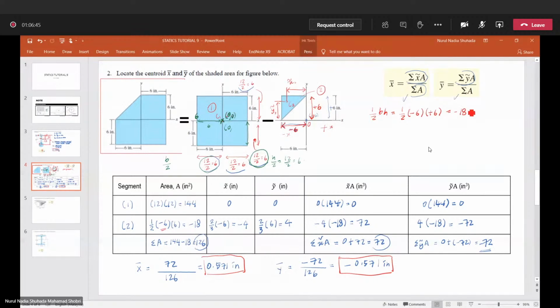Because this value has to be respective to the axis. Since it's on the negative side of the x-axis, that is why it is negative 6. Are we clear? Because it's already given the axis there. Okay, clear, Miss. Thank you.